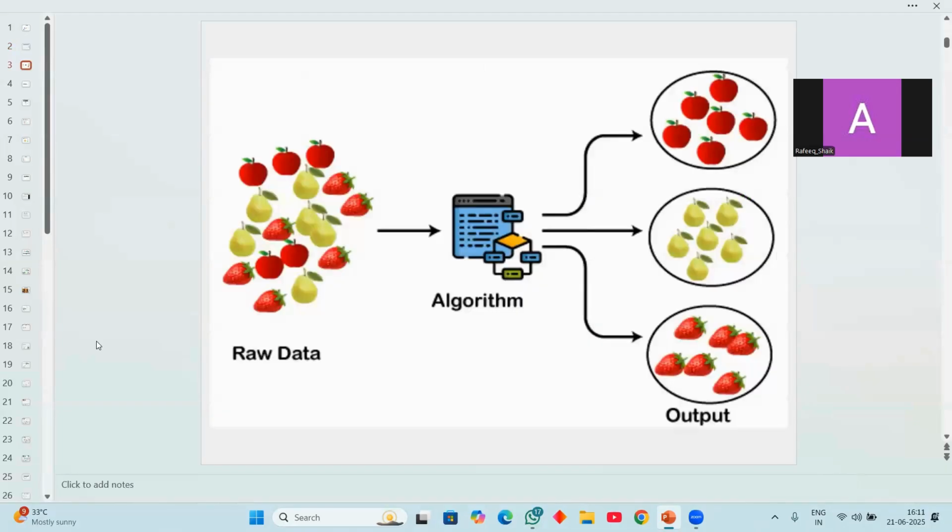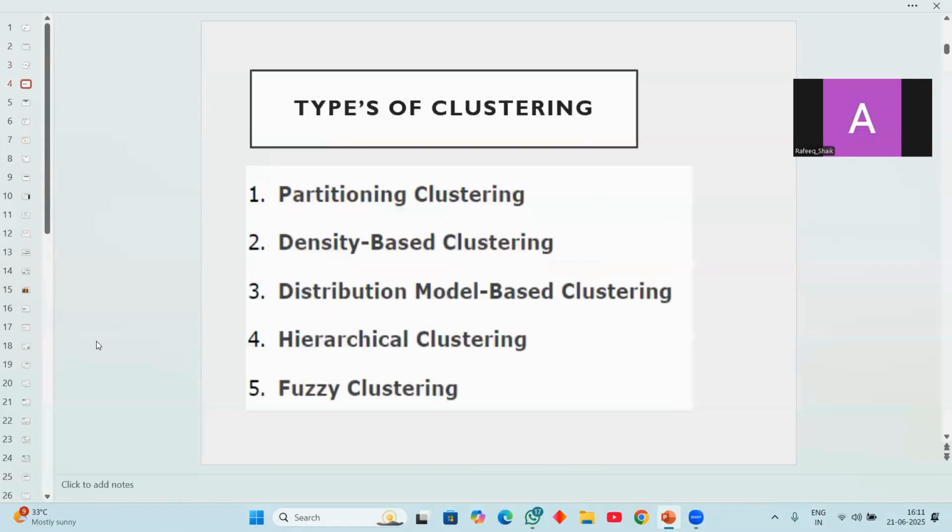A real application: say in a shop market, we see raw data of fruits. We use algorithms and techniques to divide the data. In raw data we have guava, strawberry and apple in one group. By using an algorithm it divides that into clusters, like apples in a separate dataset, guava in a separate dataset, and strawberries in separate datasets. Like that, clustering methods or techniques are used.